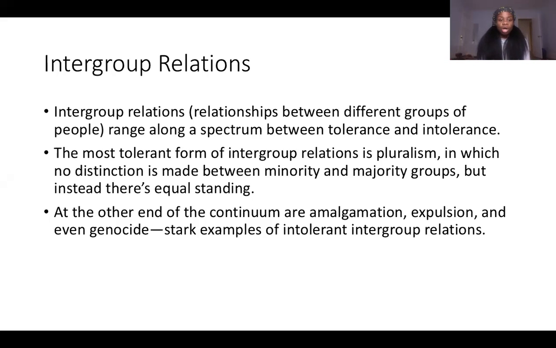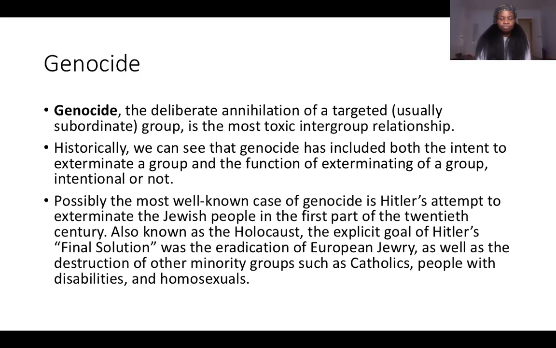The most tolerant form of intergroup relation is pluralism, in which no distinction is made between minority and majority groups, but instead there is equal standing. At the other end of the continuum are amalgamations, expulsions, and even genocides. These are stark examples of intolerant intergroup relations, and we're going to go over each one.